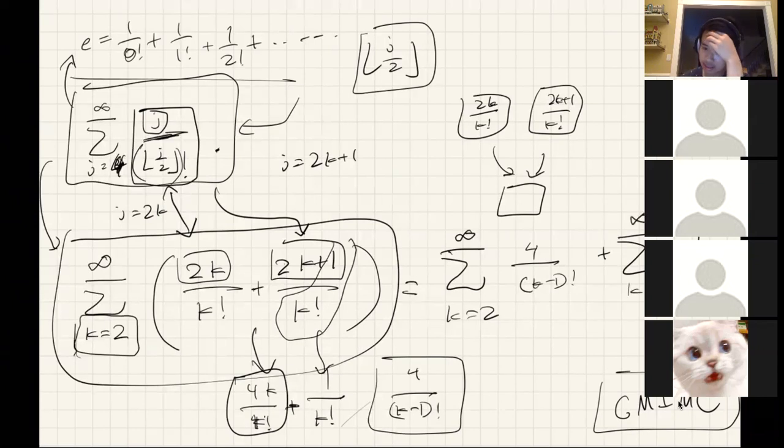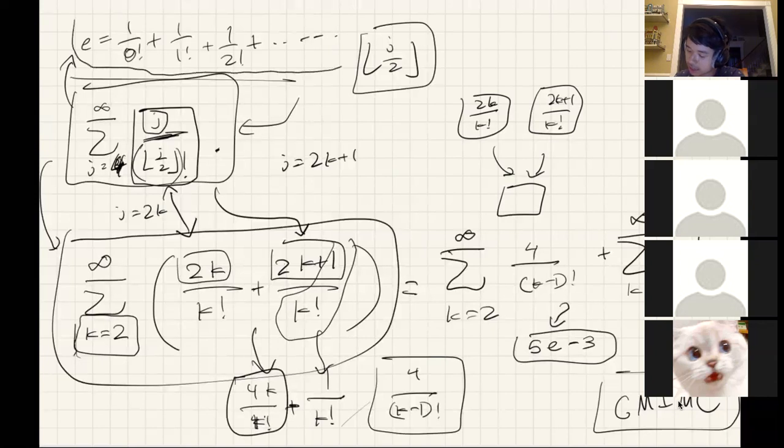And from there, it's not very hard. I'll leave it to you to verify that our final answer is going to be 5e minus 3. This uses the fact that e is equal to the sum of the reciprocals of increasing factorials.